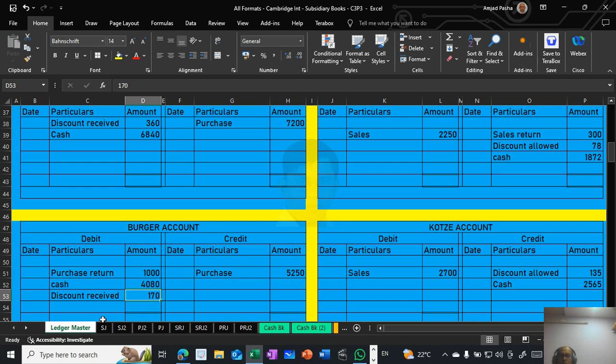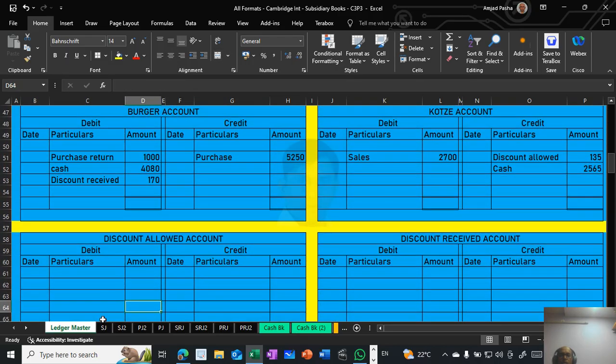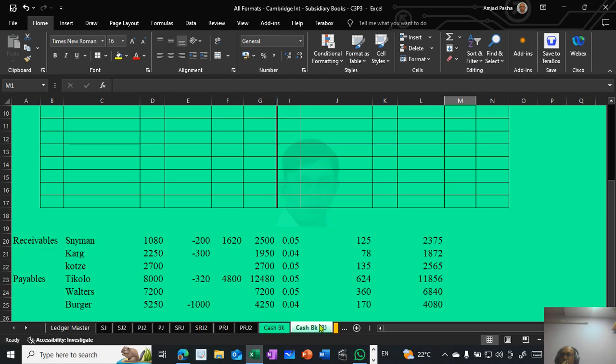Then which account is left? We have to prepare discount allowed and discount received. So discount allowed to whom and discount received from whom, let us see. Discount allowed: we have allowed discount to these three people. We allow discount to accounts receivable only, right?